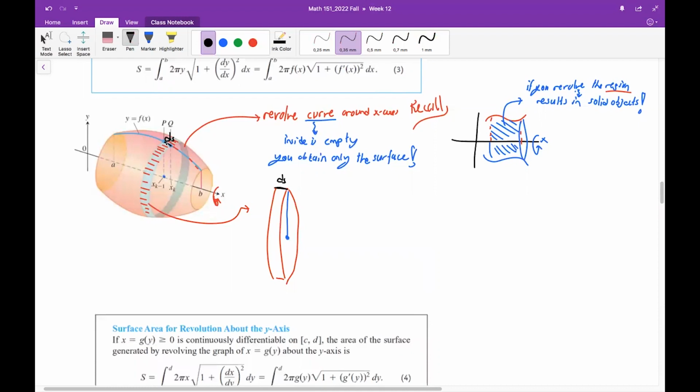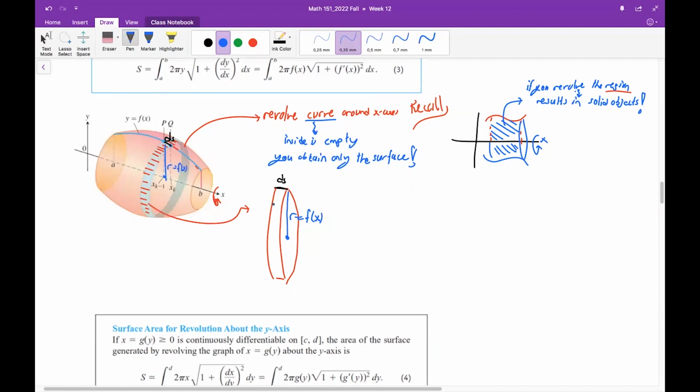It is some segment of our curve. So the radius of the circle here is given by our curve, right? So the radius is in fact given by the curve. So it is f of x.